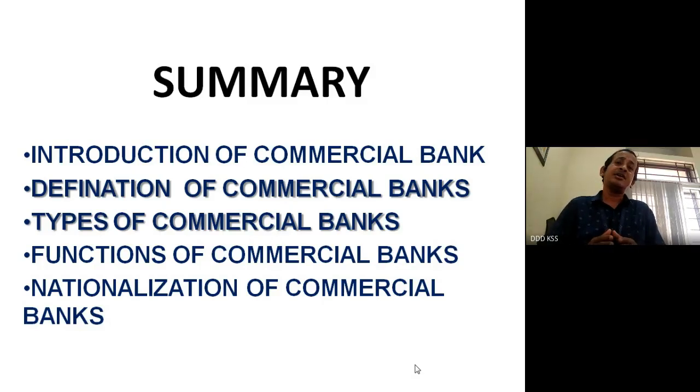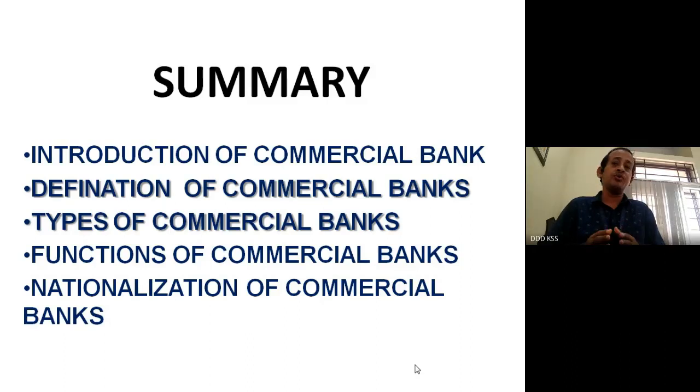Then we discussed secondary functions of commercial banks: general utility services and agency functions. In general utility services, we discussed services like monetization of metallic coins and paper notes, transfer of funds, and locker and safety custody facilities provided by banks.